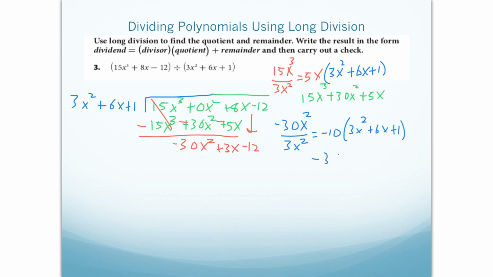So we have negative 30x squared minus 60x minus 10.